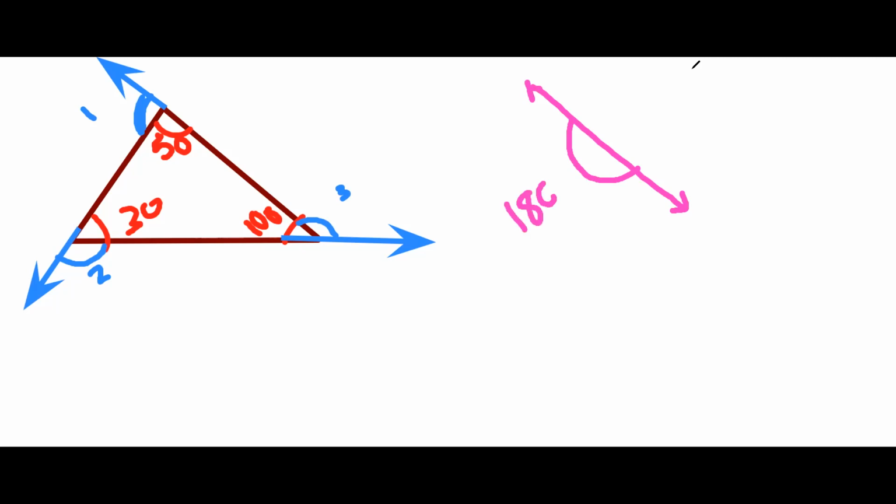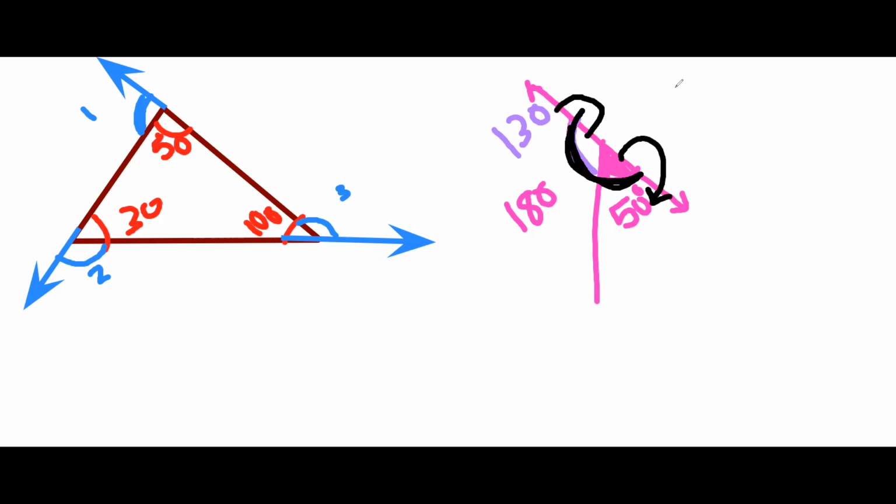So if this part here is 50, what will this one be? 180 minus 50. Excellent. The summation of the whole angle is 180. So if this part is 50, this one will be 130. When you add them, you get 180. So if the red angle here is 50, here it will be 130.